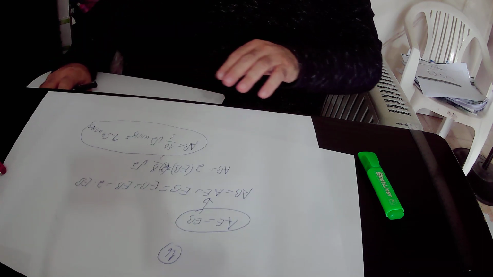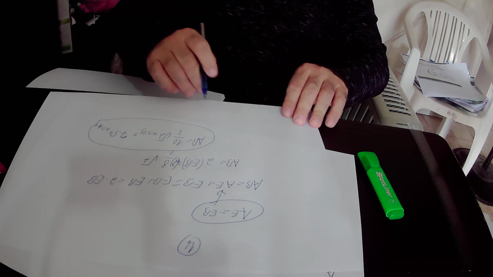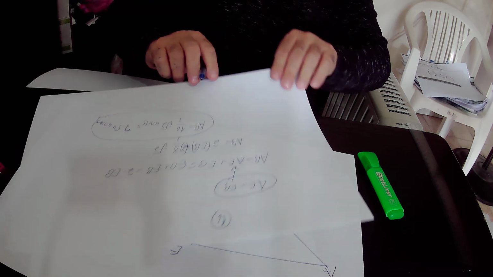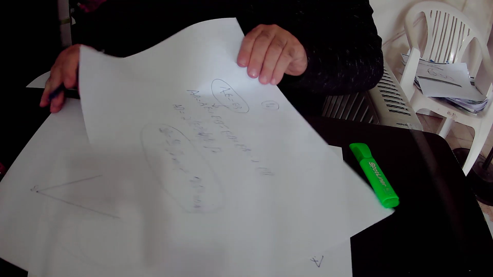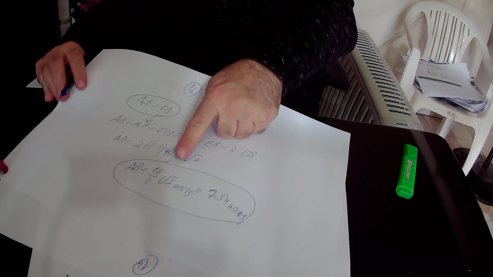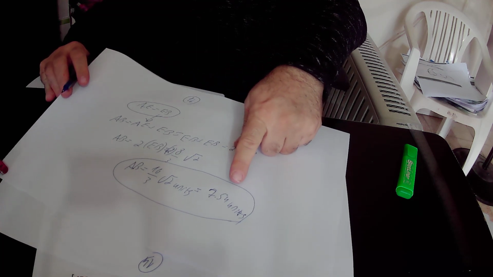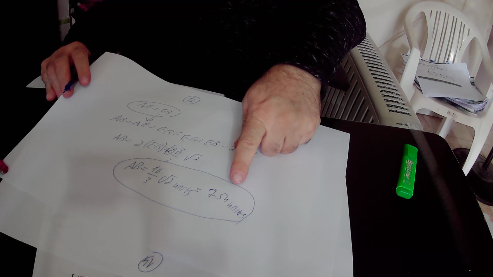The size of line segment AB, or the size of chord AB, equals either 16 over 3 times square root of 2 units, or in terms of numbers, chord AB equals 7.54 units.